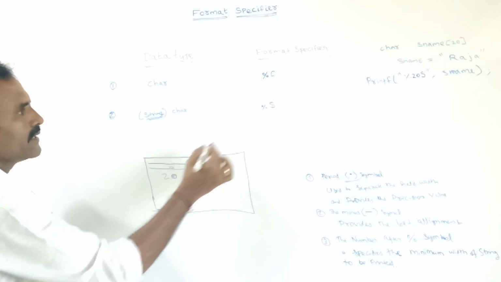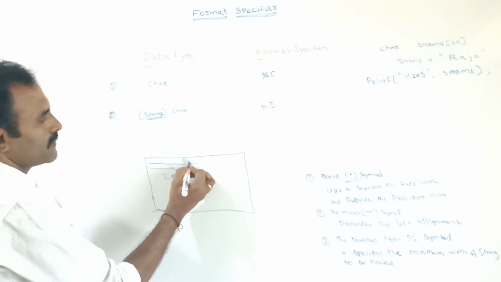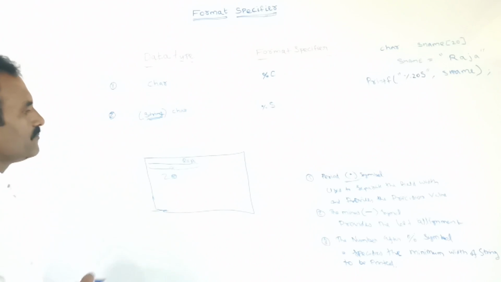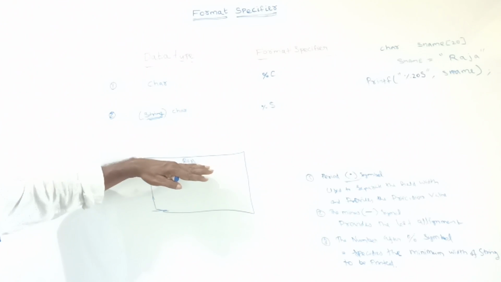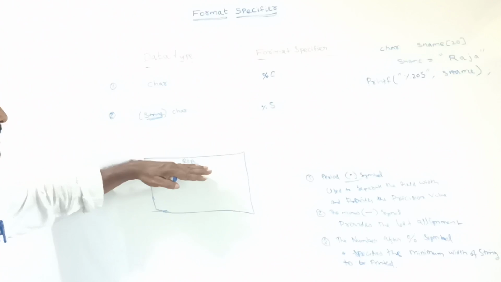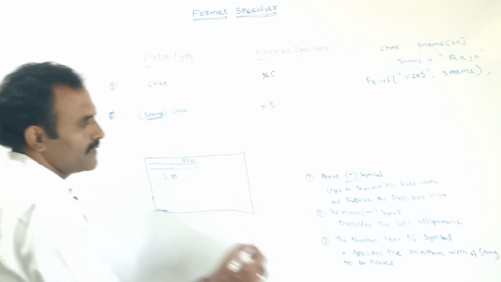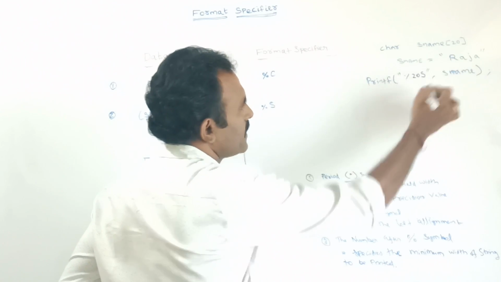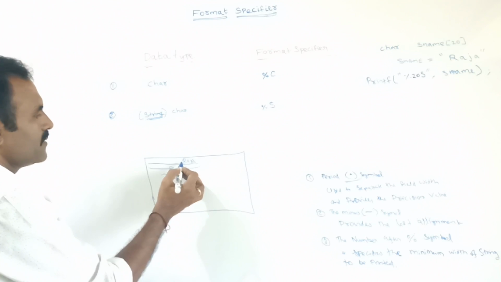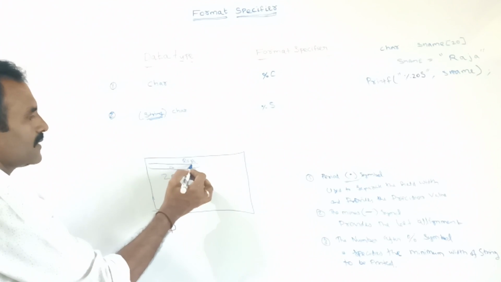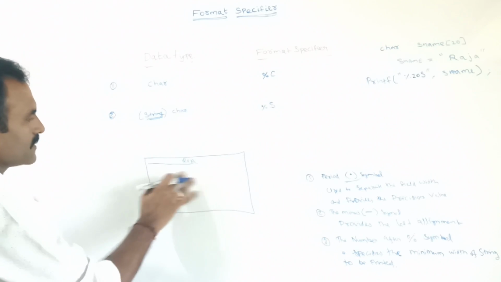Here the s name Raja will be printed. Totally it will take 20 spaces. From these 20 spaces, at the rightmost corner the name will be displayed, and the string will be printed at the last, that is the right side of the space.